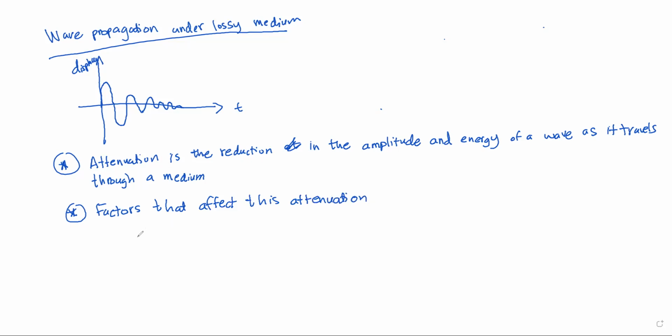The main factors are firstly absorption, where the absorption is the energy absorbed by the surrounding medium, especially when the wave is encountering or hitting certain mediums such as water, rock, and so on.